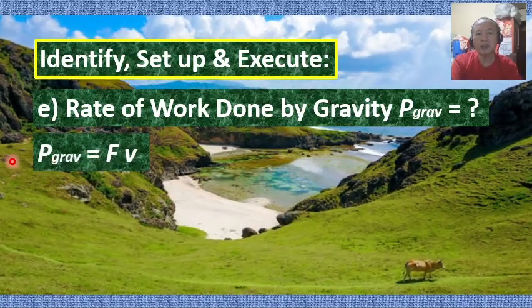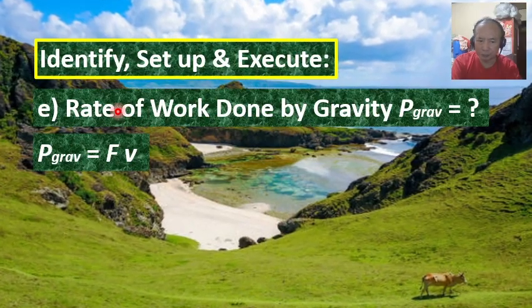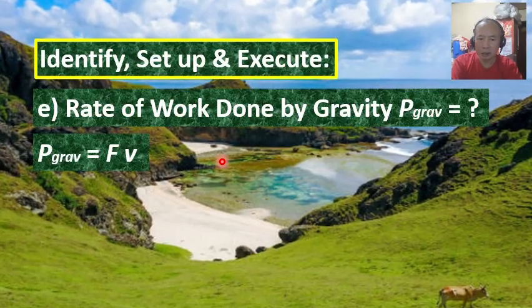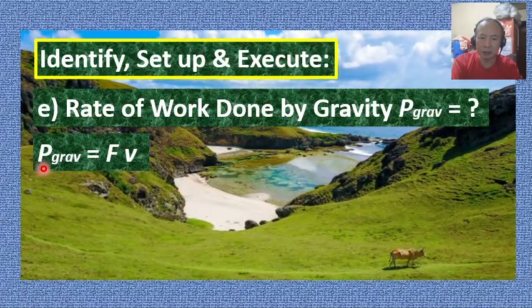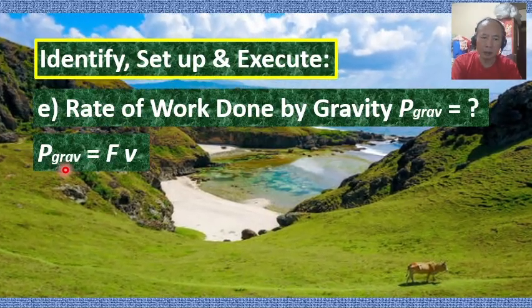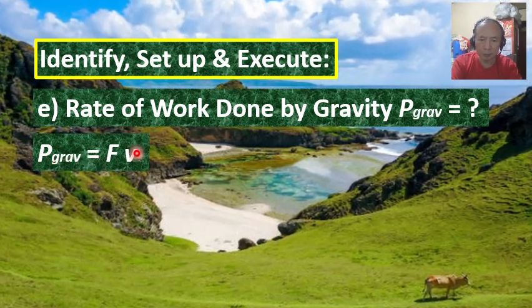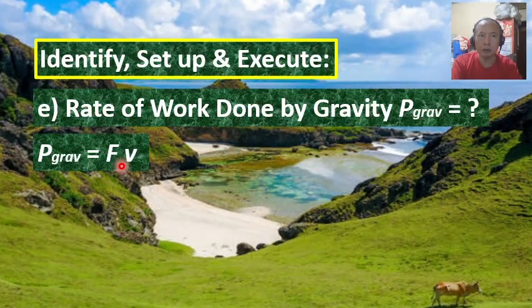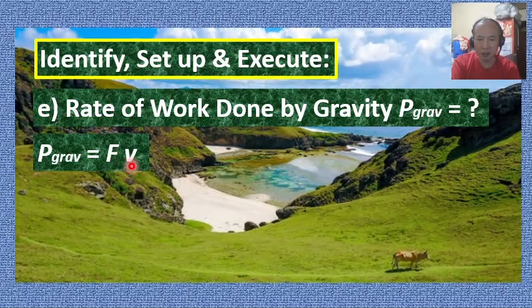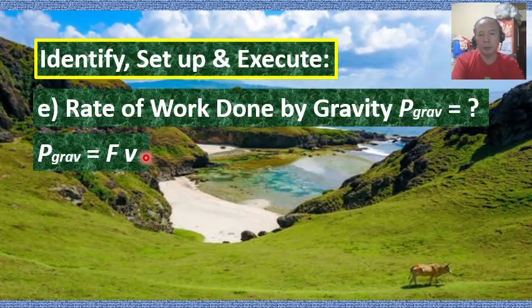Of course, we base our determination of the expression on a basic formula in kinematics, which says that the gravitational power, capital P sub grav, is just equal to the amount of force, in this case gravitational force, and the speed of the body.